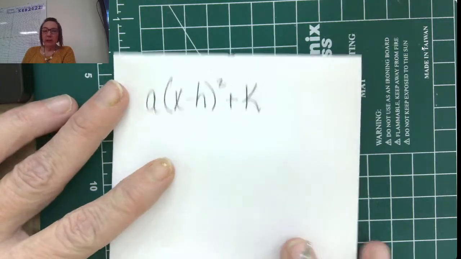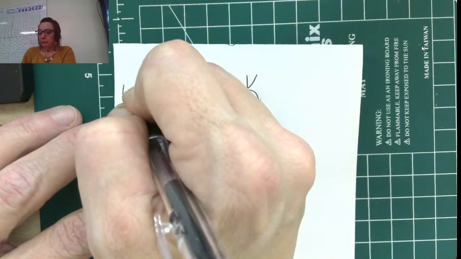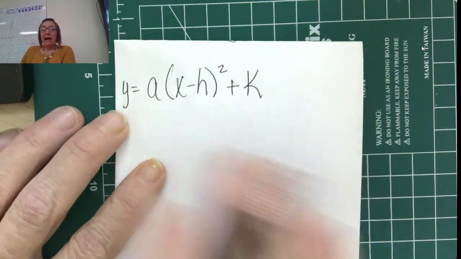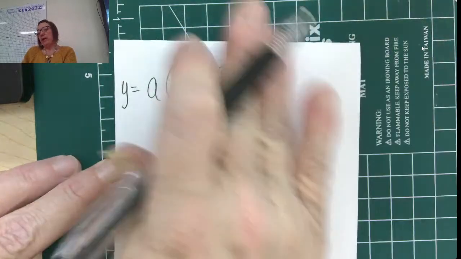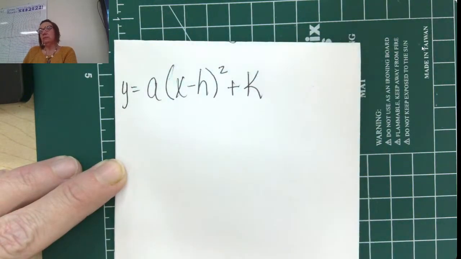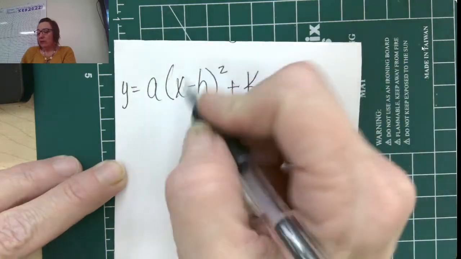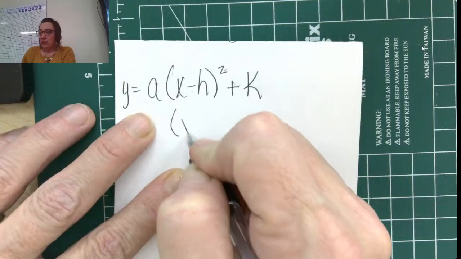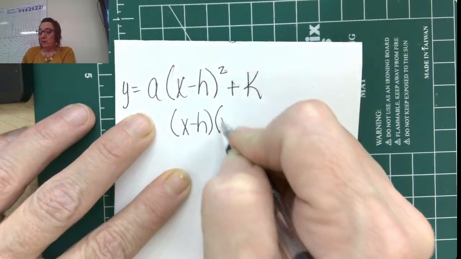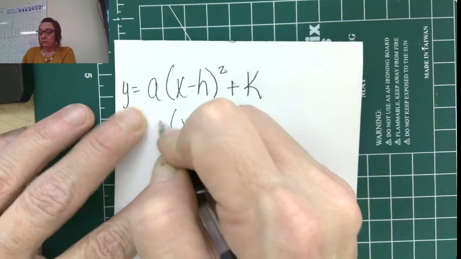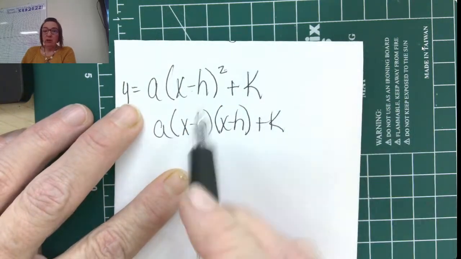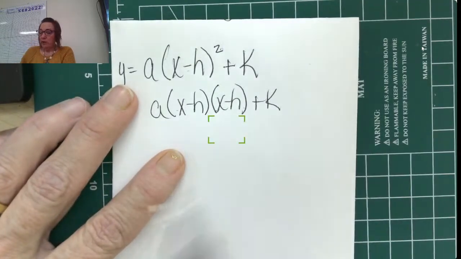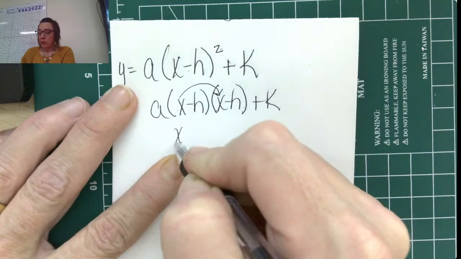Okay, so this is what we've got, right? Now, I'm going to expand this out. I'm going to take this X minus H and square it, which means I'm doing X minus H times X minus H. You know how to multiply that, so we're going to do X times X, X squared.